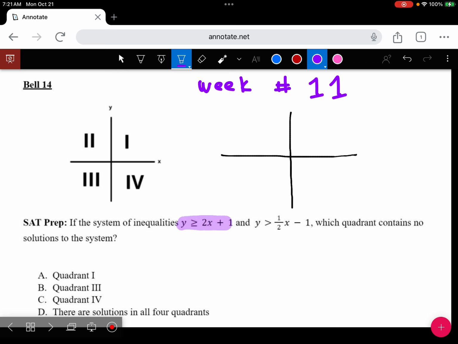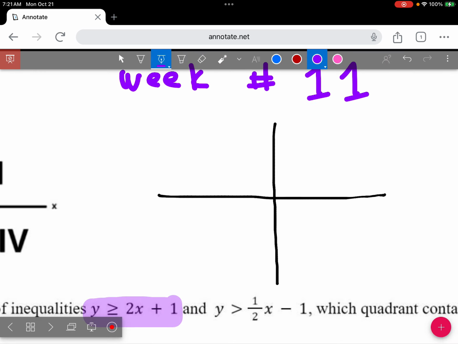So on this one, we start at a positive 1 and move with a slope of 2. So I'm going to go up 2 over 1, up 2 over 1, like this. So if I graph this, my line would look like this.